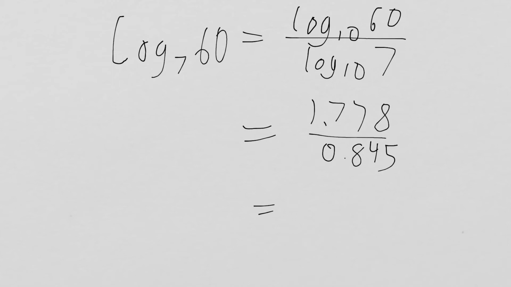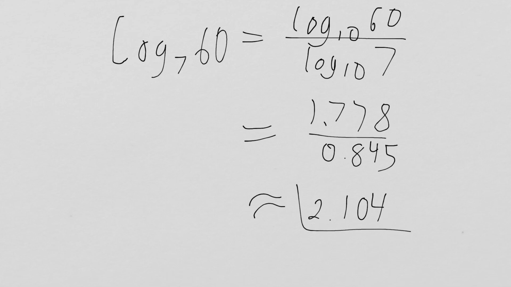So that means that the log base 7 of 60 is, we divide those by each other, 2.104. And I shouldn't use an equal sign, I should say it's approximately. So there it is. That's how you would solve something that has a funky base on it. You would change it over to a log base 10 or natural log, and then plug that into your calculator.